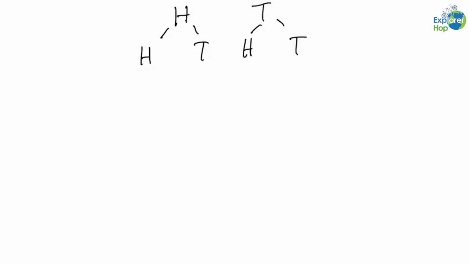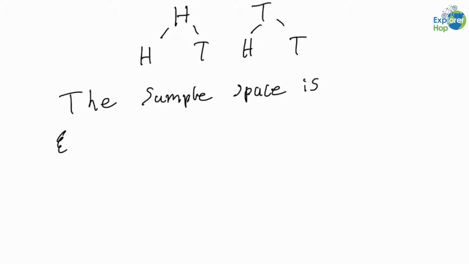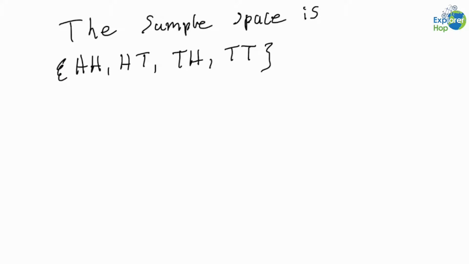Now we can determine all possible outcomes of this experiment. So the sample space is the set containing the outcomes heads heads, heads tails, tails heads, and tails tails.